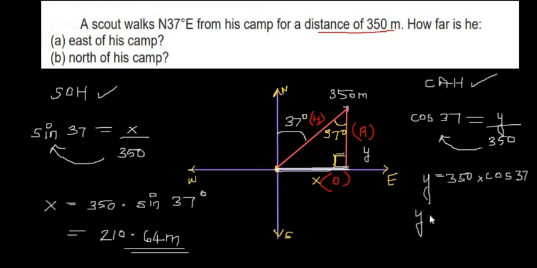So y is 279.52 in the north direction. This is how we find the distance traveled by him in the east direction and the north direction. This is for the north and this is for the east.